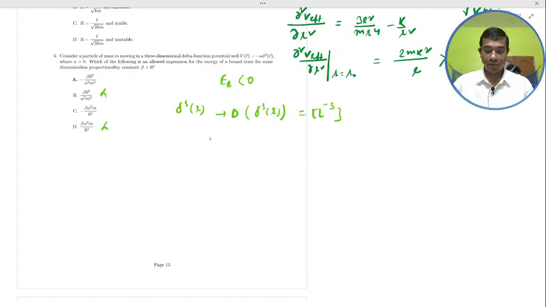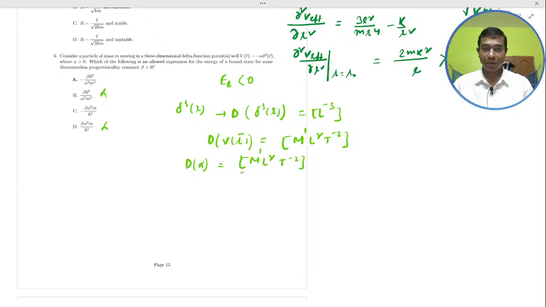Now, d of V r is equal to M L square t to the power minus 2. So, d of alpha is equal to M L square t to the power minus 2 divided by L to the power minus 3. So this would become M1 L5 t minus 1.